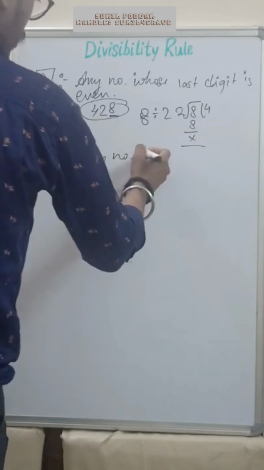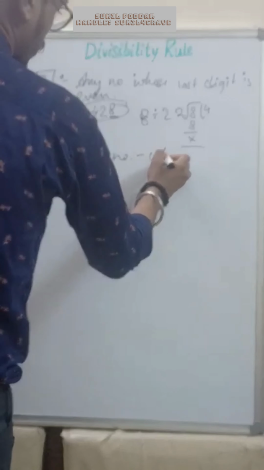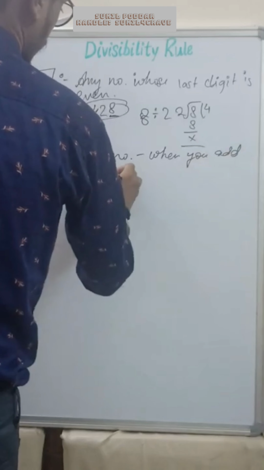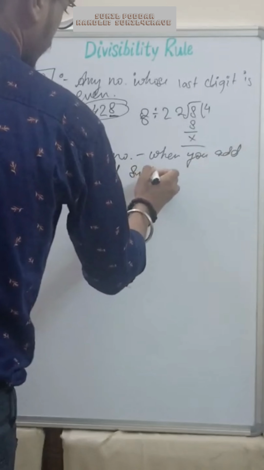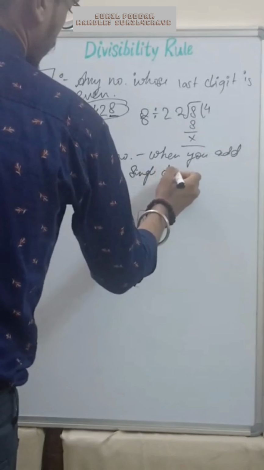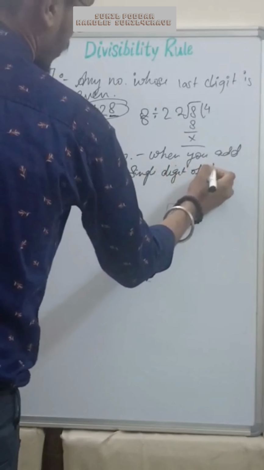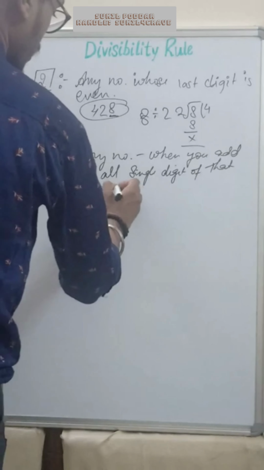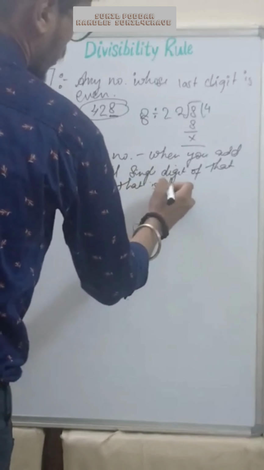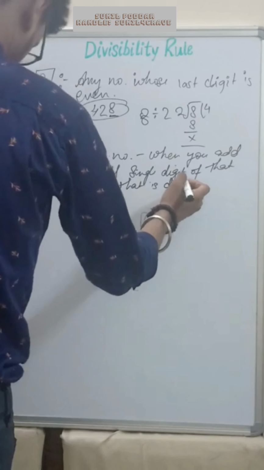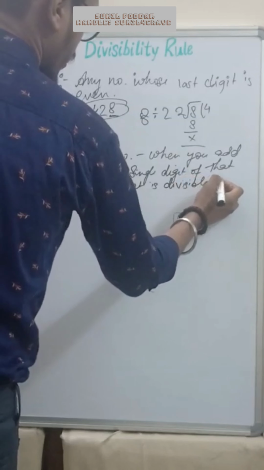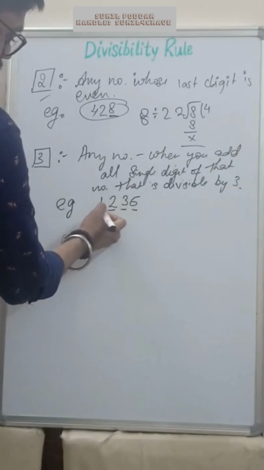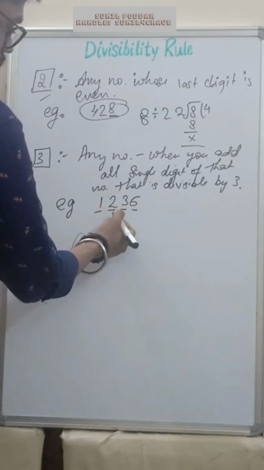When you add all the single digits of that number, if the sum is divisible by 3, then the number is divisible by 3. Take 1, 2, 3, 6.